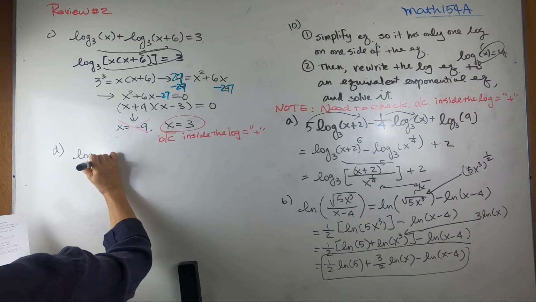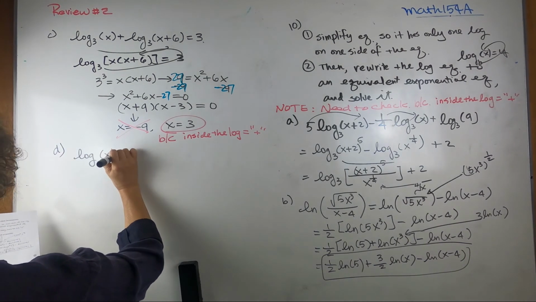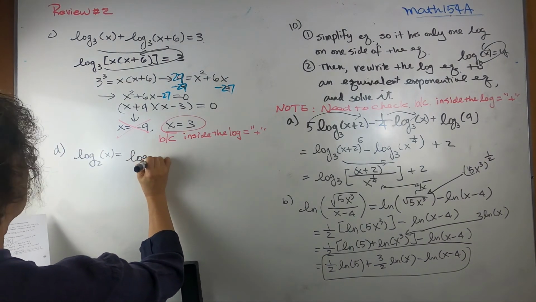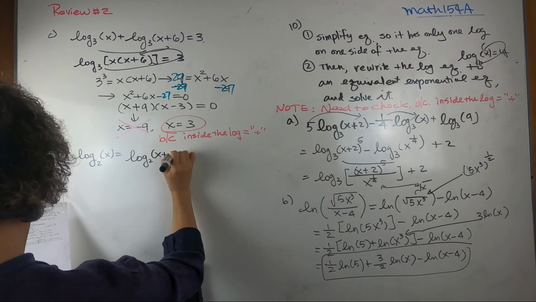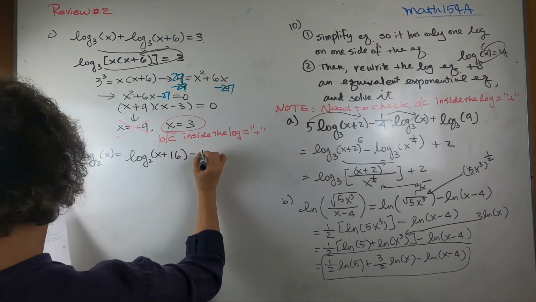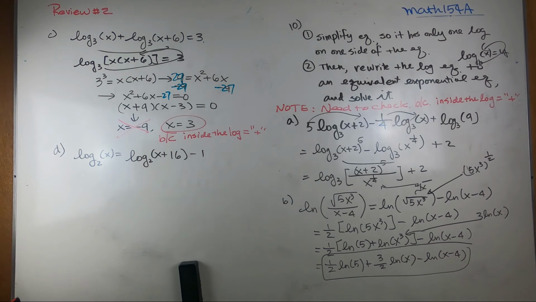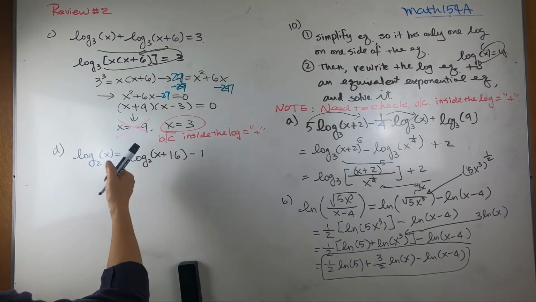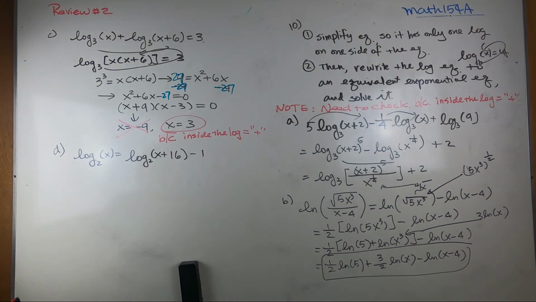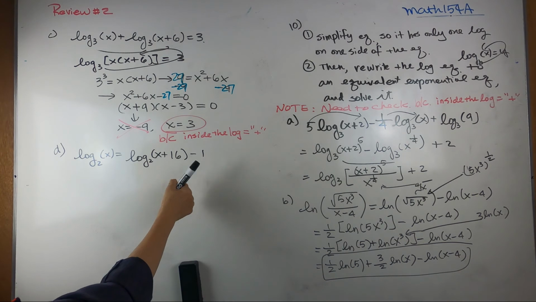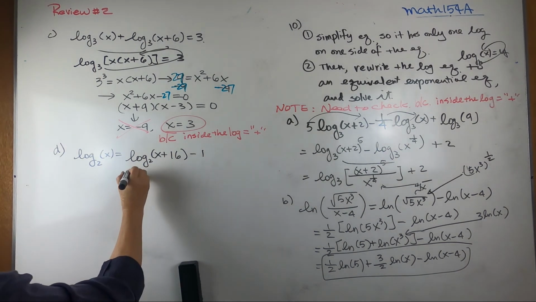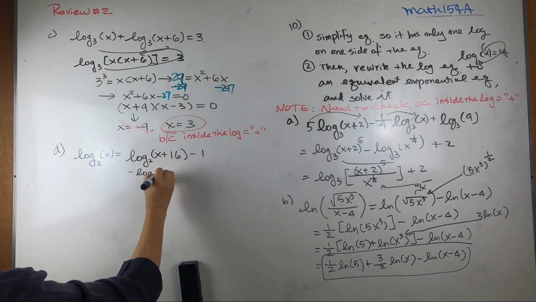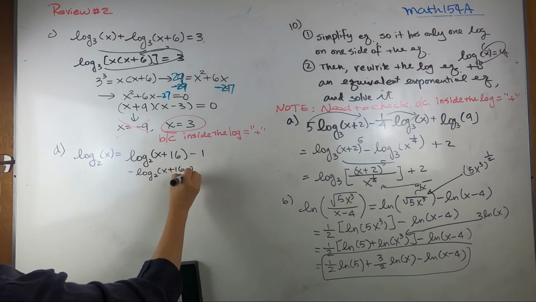So if we have log 2x equals what? Another example. Okay, so what should we do? If you don't have this one, then you can just compare inside. Both are log 2, right? But if you have an extra number, you better move the log to one side.